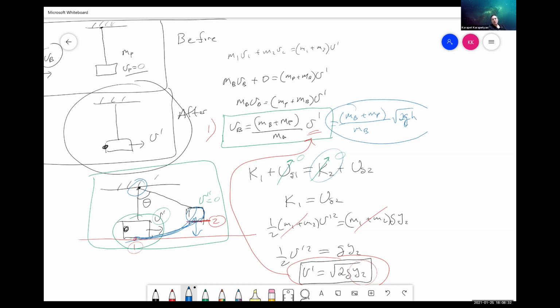And because point one is my reference position, I get rid of that as well. That means my energy at point one is purely kinetic, and energy at point two is purely potential. And that's why I have conservation of energy, where all the kinetic energy of the system after the collision is converted into gravitational potential energy. And energy at point one and point two is exactly the same. So I can use that to find the speed at the bottom.